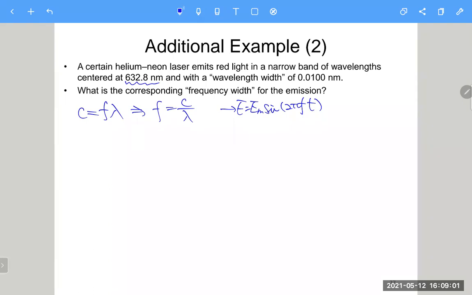And probably you would learn some mathematics called the Fourier transform or the Laplace transform later on. And in that case, you'll be able to know that this is a time domain waveform, and you could actually transform it into the frequency domain.